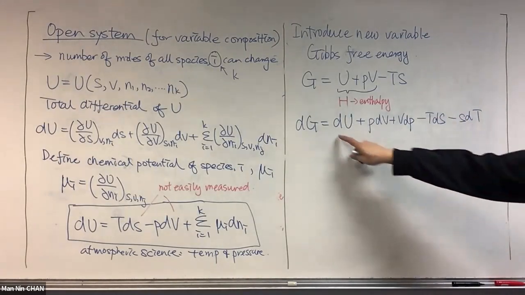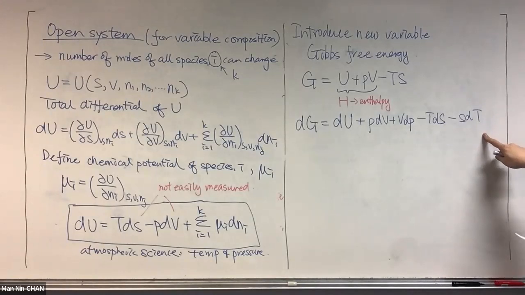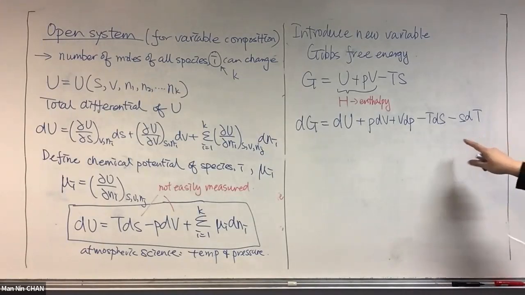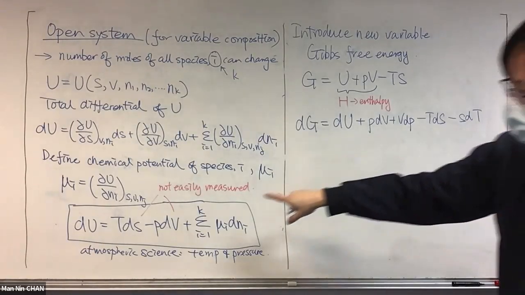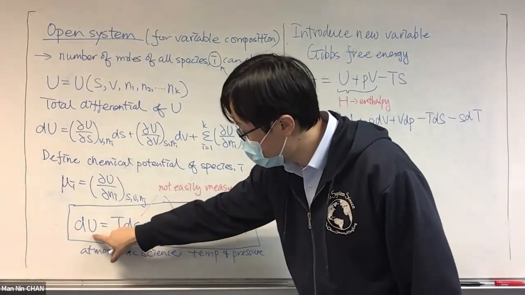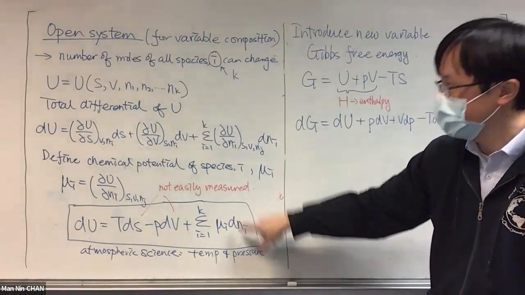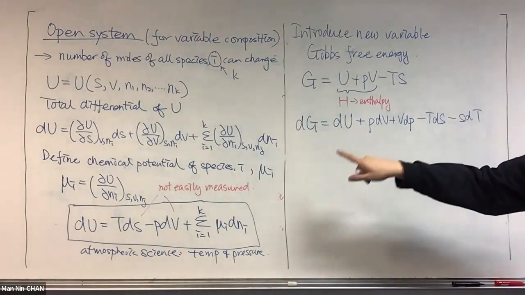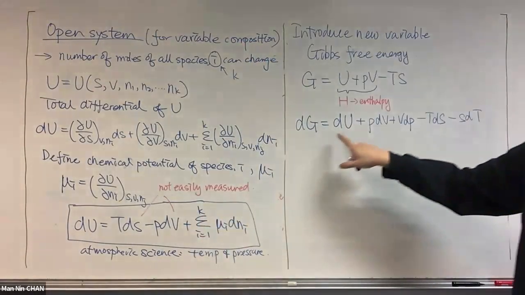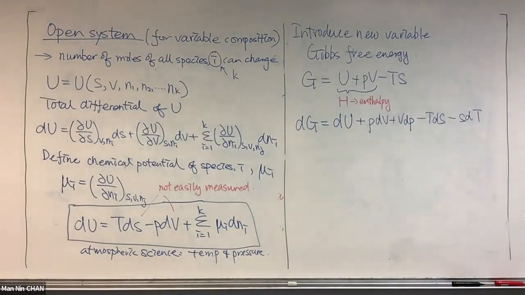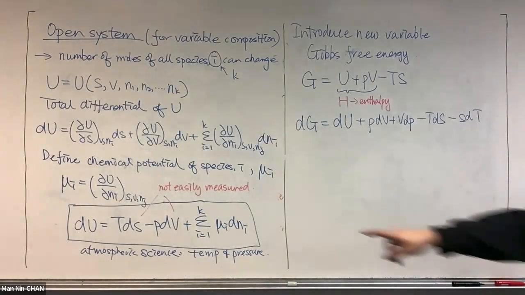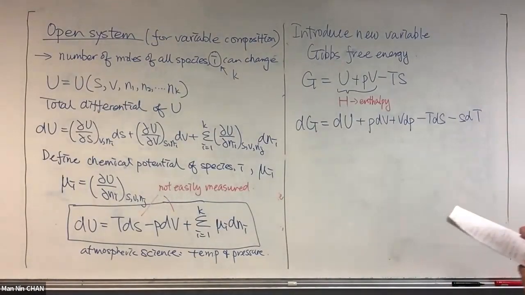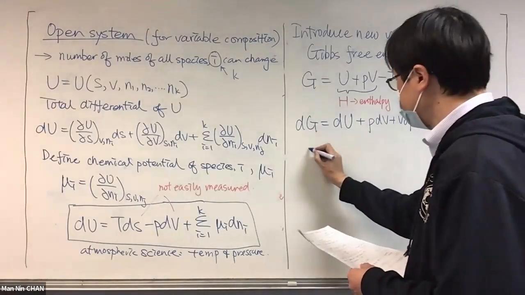If you look at this term, you can combine. So this is a change of the internal energy, and you have this expression for an open system, for some variable composition. So what you can do is substitute this into here.